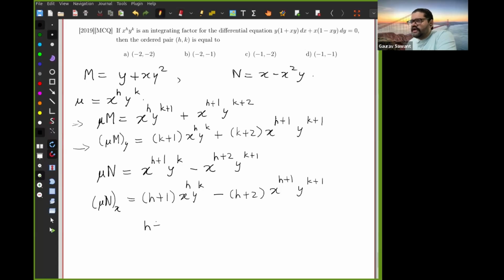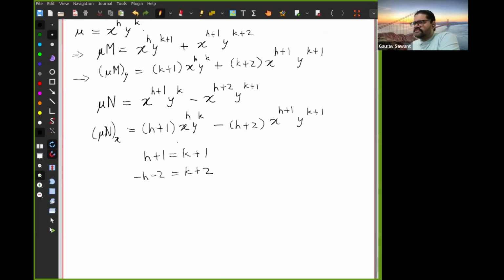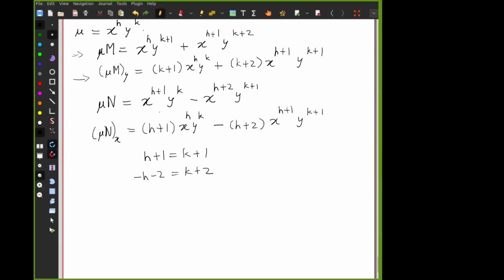So I will have h plus 1 is equal to k plus 1, and I will have minus h minus 2 equal to k plus 2. Now it is just a system of linear equations, right? Have I made any mistake anywhere? If we solve, we will get h equal to k equal to minus 2.